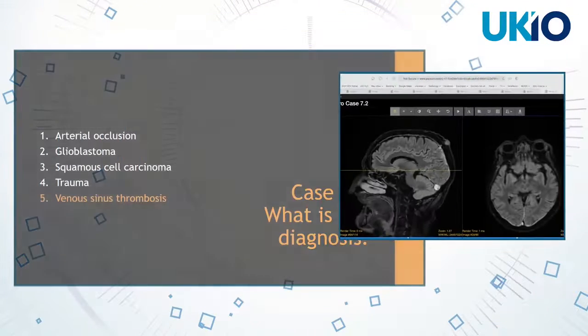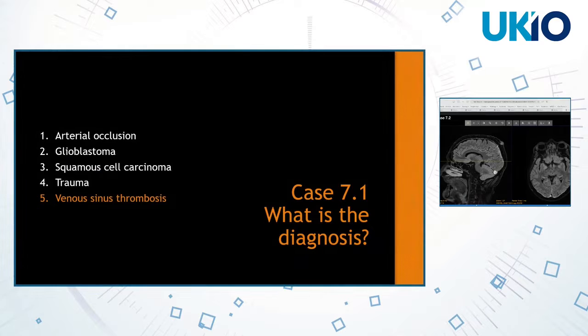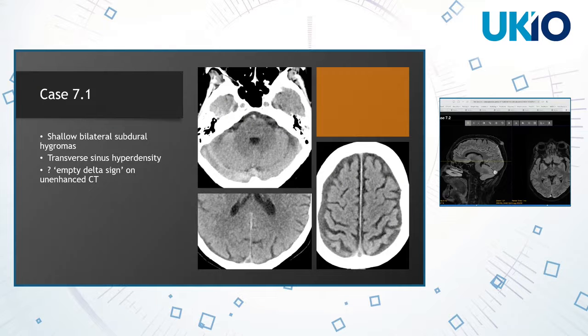The question for 7.2 is exactly the same. These are the features that we've already seen: bilateral subdurals, a funny transverse sinus, which is sort of the equivalent of an empty delta sign.